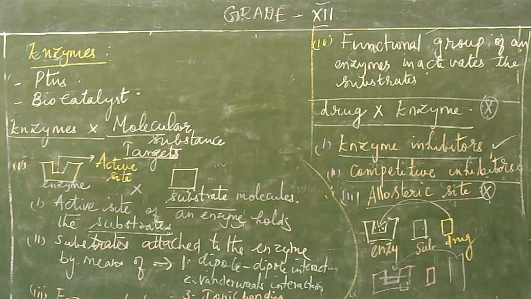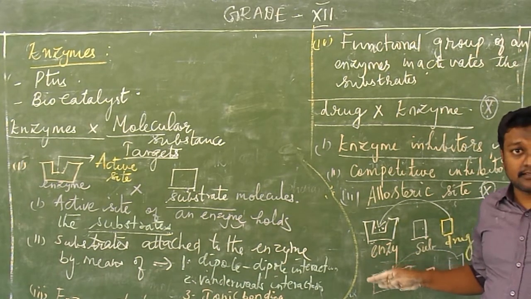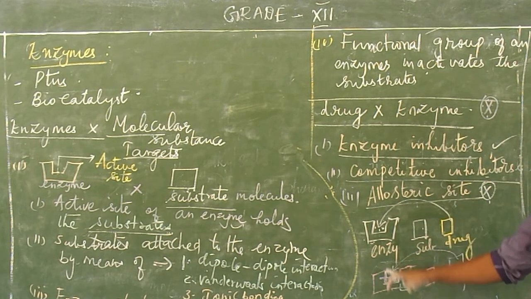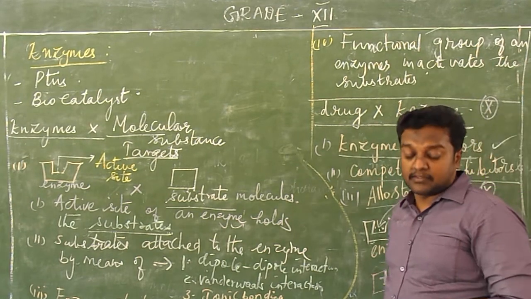Then the active site becomes flattened and cannot have its own shape. Since it becomes flattened, though the substrate molecules go there, they cannot get occupied because the original structure of the active site has changed to a flattened nature. Understood? This is called enzyme interaction.